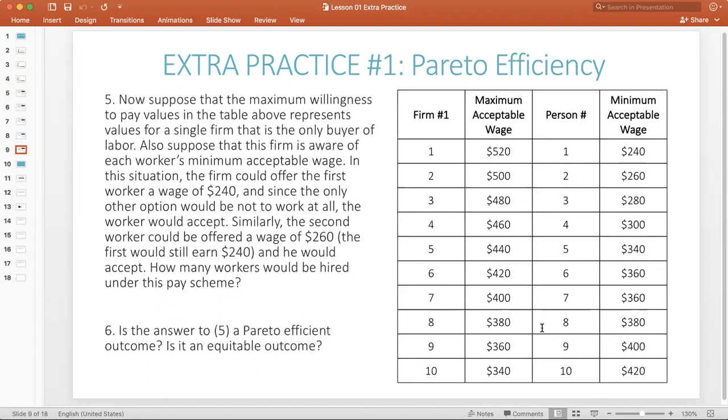So this is going to be up to worker number 8. Because if the maximum acceptable wage is less than the minimum acceptable wage and the firm still hires them, they're going to be hiring them at a price greater than what they're capable of. So they're going to be losing money. So because of this, we want to just hire up to the point where the two equal each other.